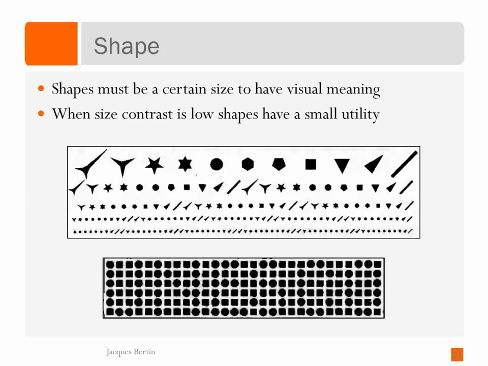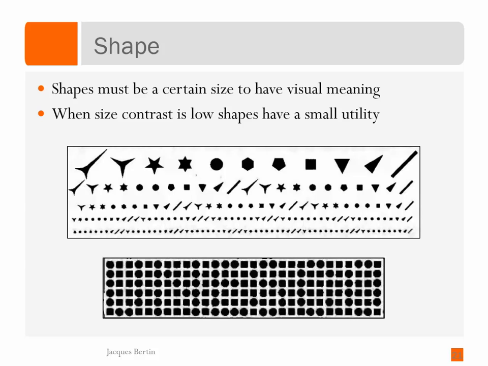And so if you look at the image at the bottom, you'll see a bunch of shapes. Those are squares and circles, sort of some rectangles, and you'll see different shapes. But it's very difficult to make out what's going on here because of the sameness of the shape size.